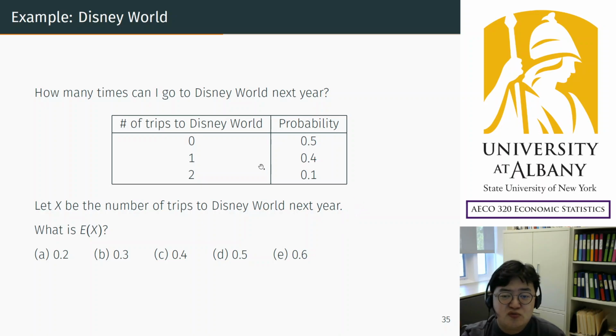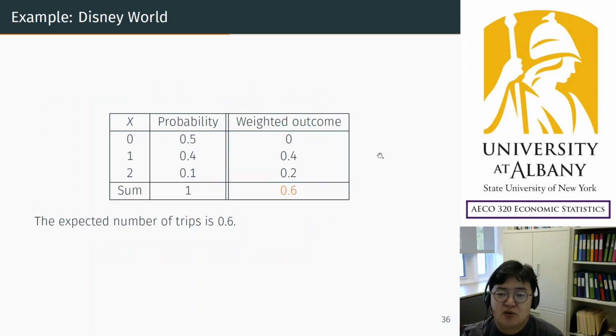Here is the answer. The idea is to have a weighted outcome column. Create another column, and in that column we fill in the number obtained by multiplying the outcome, the number of trips, by the probability. So 0 times 0.5 is 0, 1 times 0.4 is 0.4, 2 times 0.1 is 0.2.